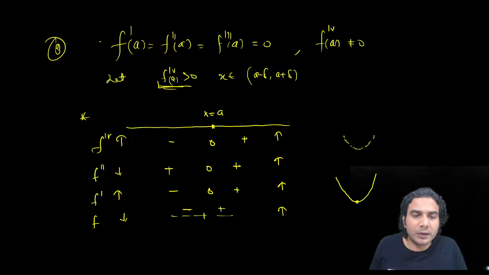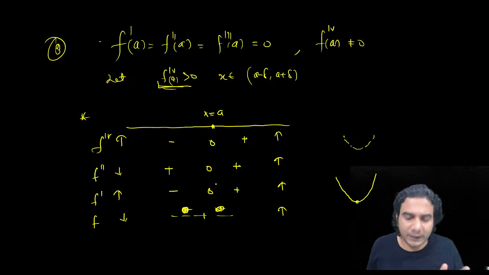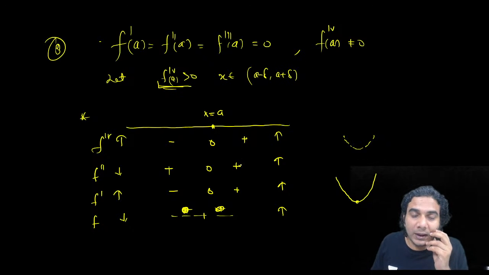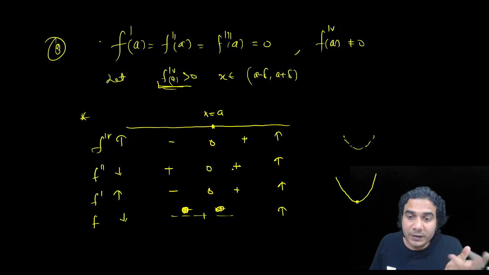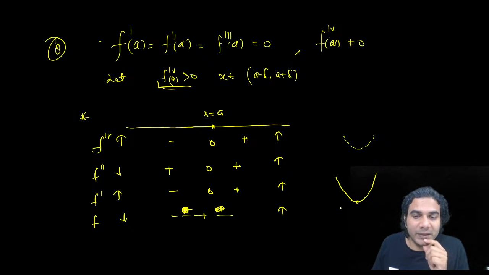We are not talking about the sign of f, because the sign of f can be anything and we are not interested in that. We just want to know whether this point a for f(x) is an extrema or not. So yes, it is an extrema, it is a minima in this case, right?